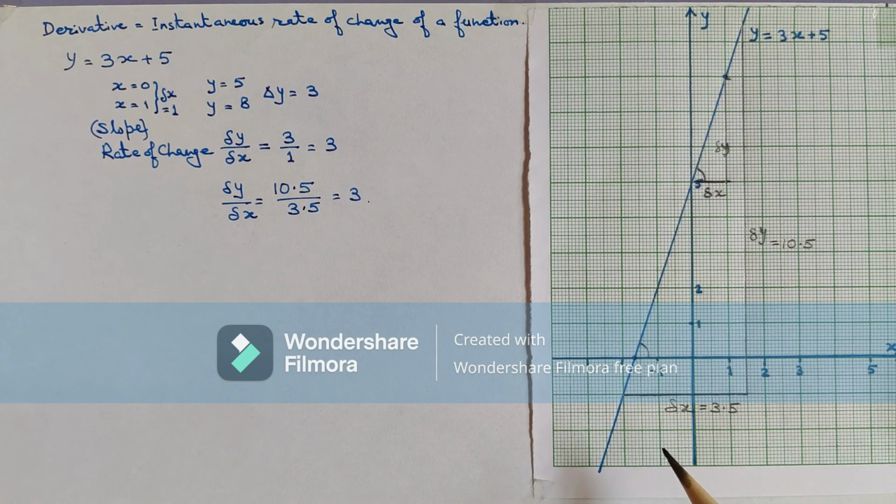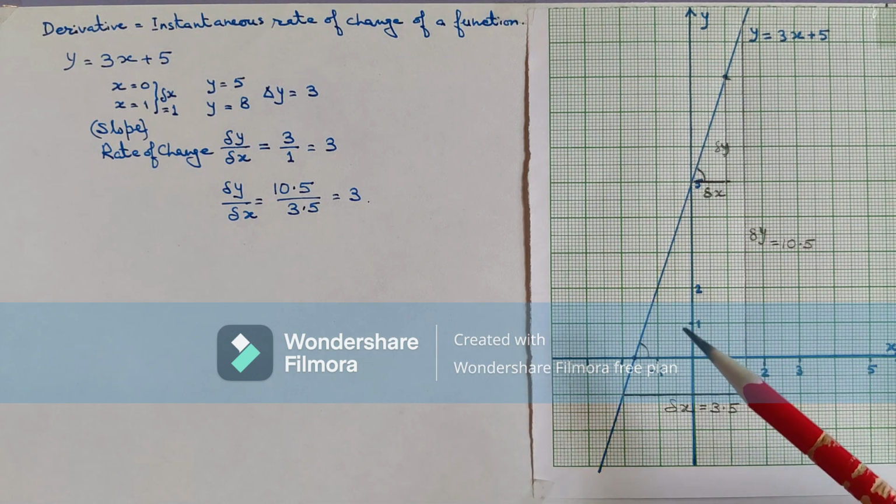This is not true for all other types of functions whose plot does not work out to be a straight line. This condition of the slope being the same, the rate of change being the same all across the length of the function, is not applicable for any other function whose plot is not a straight line.